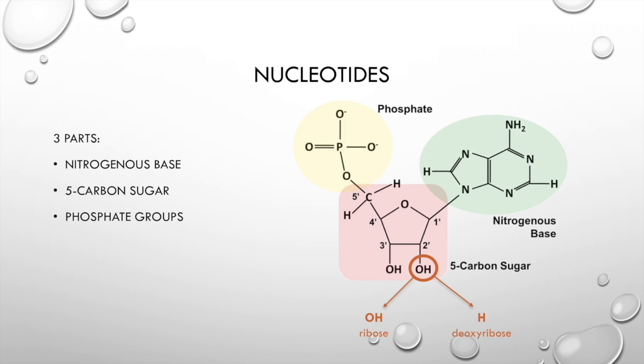And so, if it's a deoxyribose sugar, then it's a DNA nucleotide, and if it's a ribose sugar, it's an RNA nucleotide. So just the difference on that 2' carbon is going to determine whether it's an RNA nucleotide or a DNA nucleotide. Also, the nitrogenous bases will determine that, but we're going to get into that next.